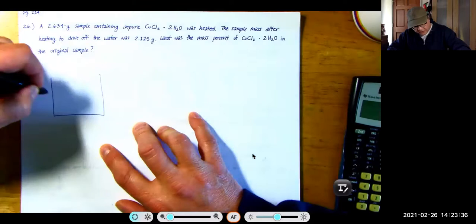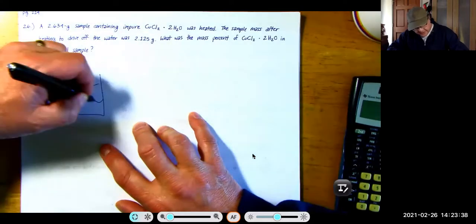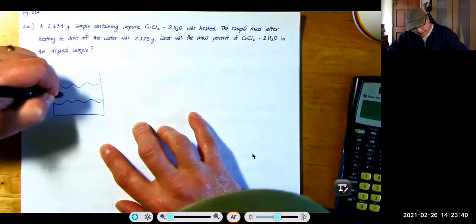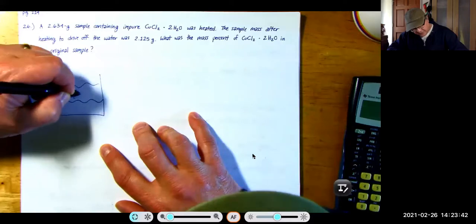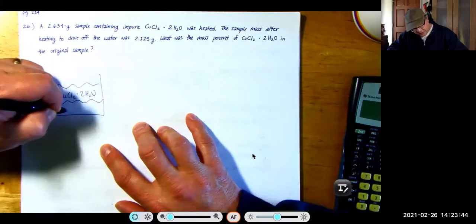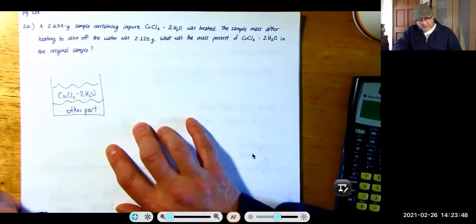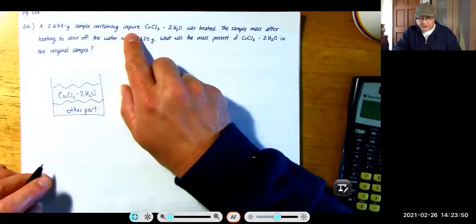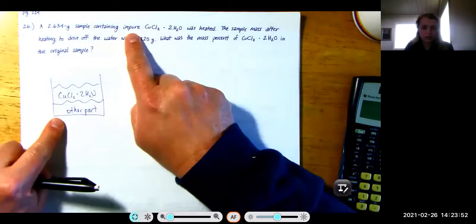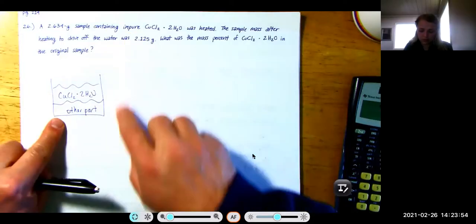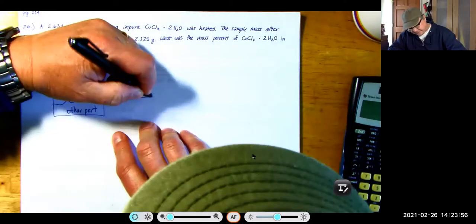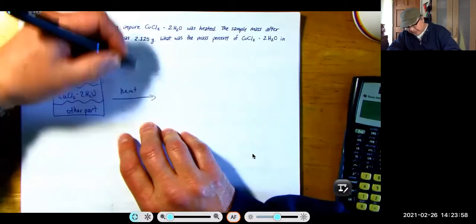Here's our original sample, and this is the copper 2 chloride dihydrate part, and this is the other part. I know it's impure because it says so, right? Now we heat this, and we're going to have to make an assumption.